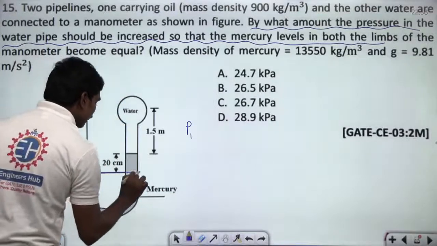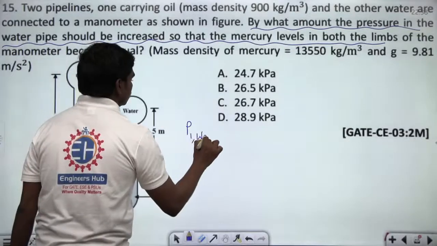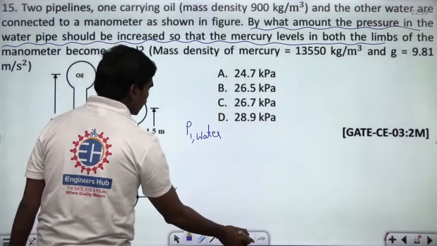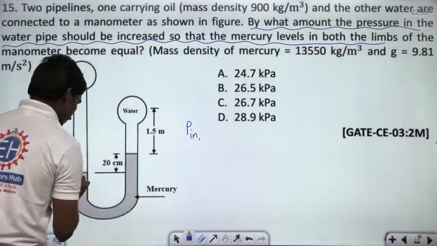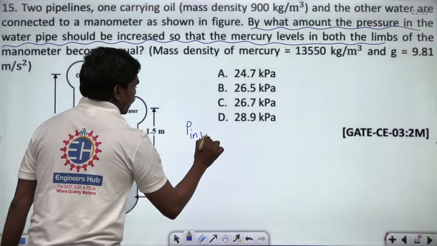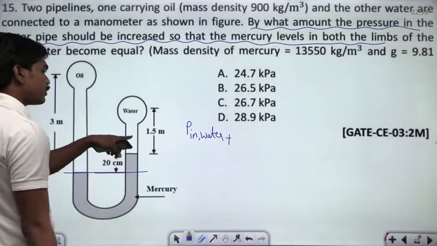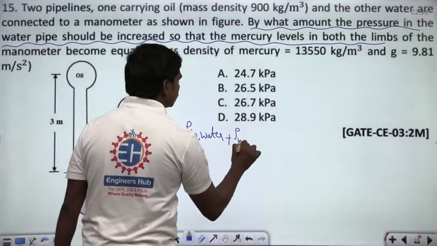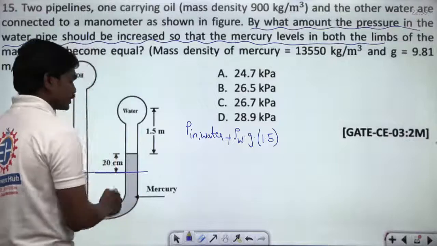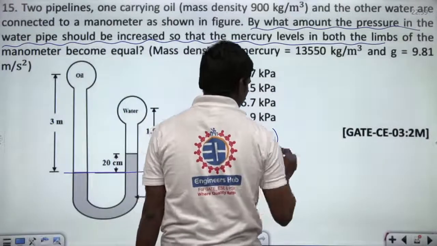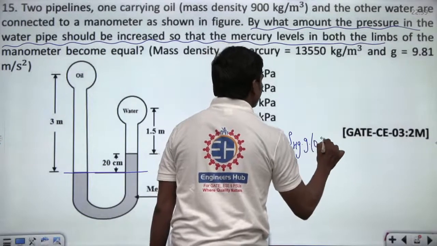P initial of water, plus this water is of height 1.5 meters, so density of water into g into 1.5 meters, plus mercury is of 20 centimeter column, so density of mercury into g into 20 centimeters, which is 0.2 meters.